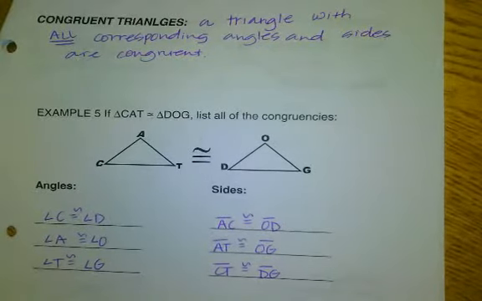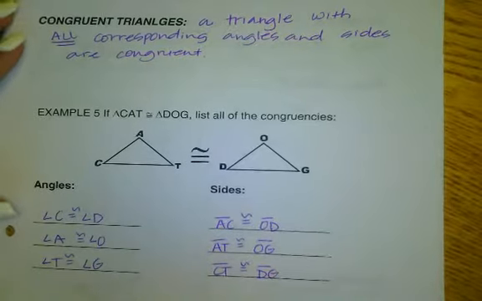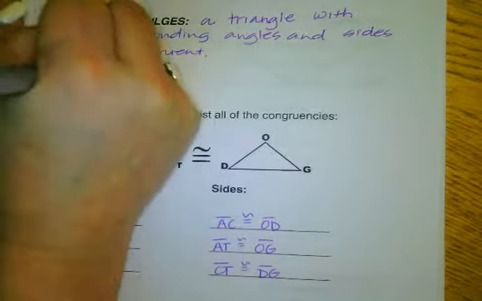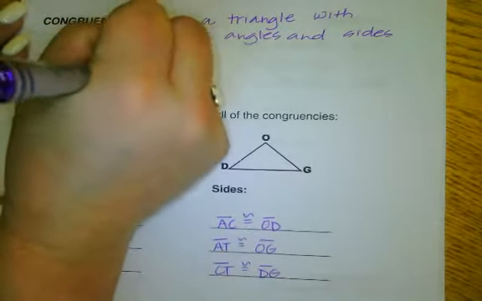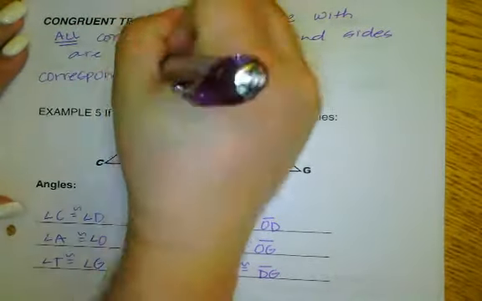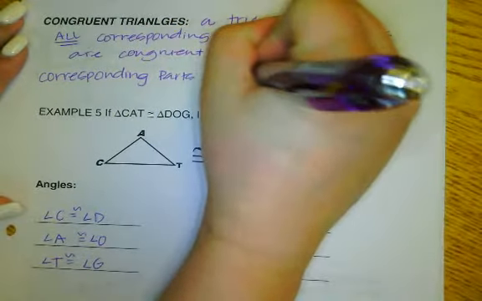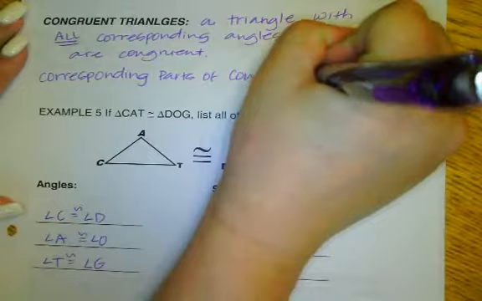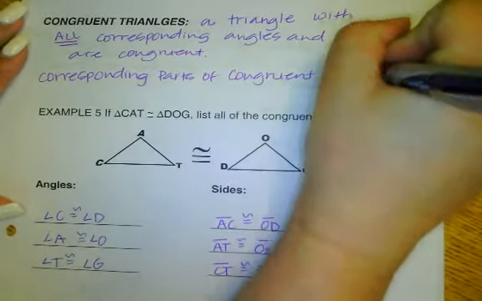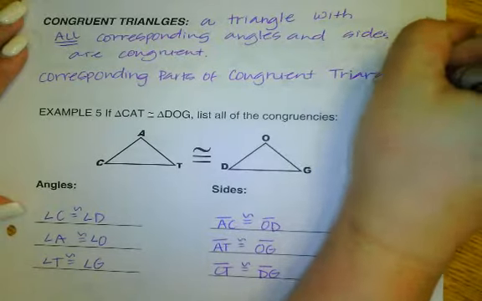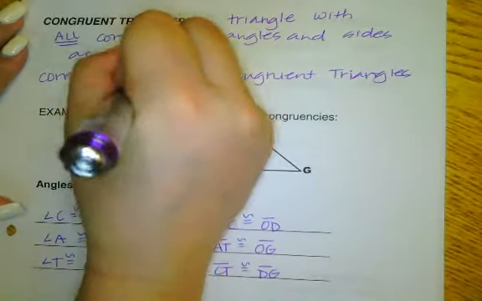Now I want to introduce this idea of CPCTC, and it stands for corresponding parts of congruent triangles are congruent.